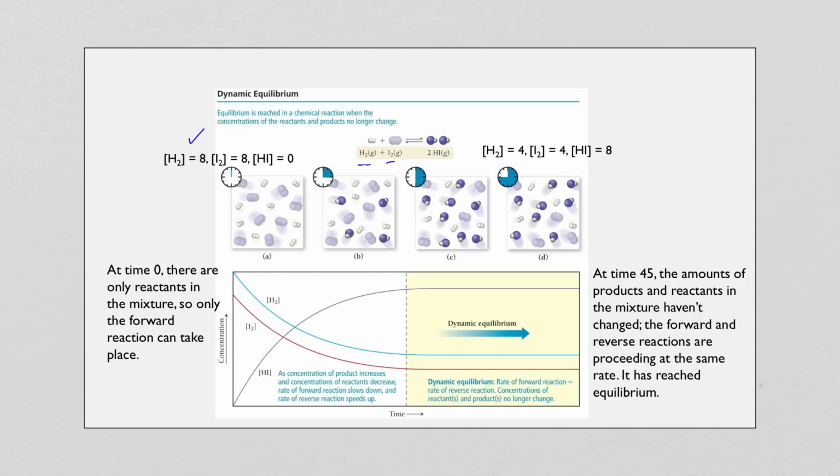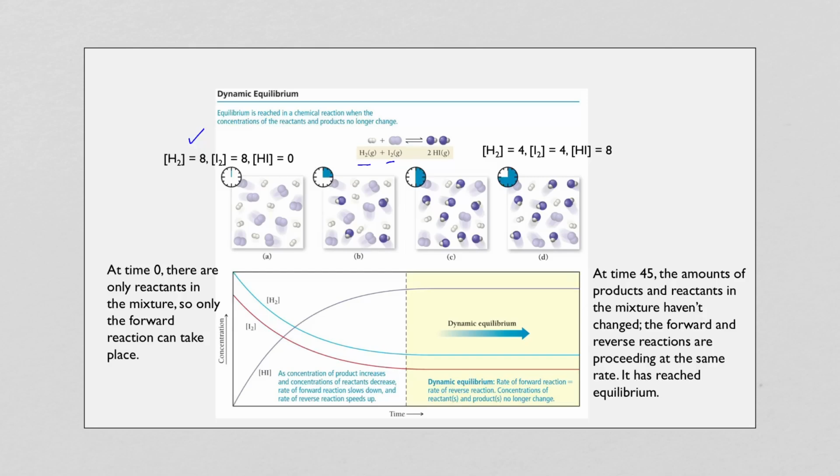After 15, let's say we could just call this 15 minutes, we start to see product forming. And notice we now have 4 products, so 4 reactants have reacted to give us 4 products.